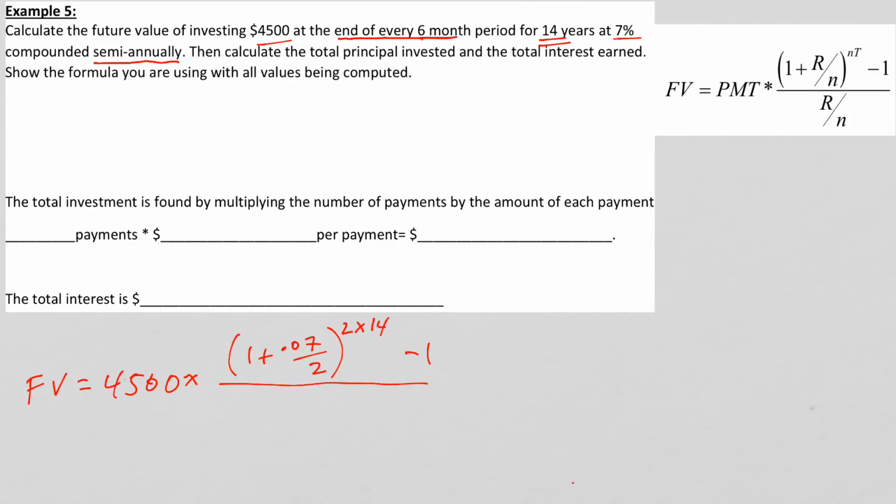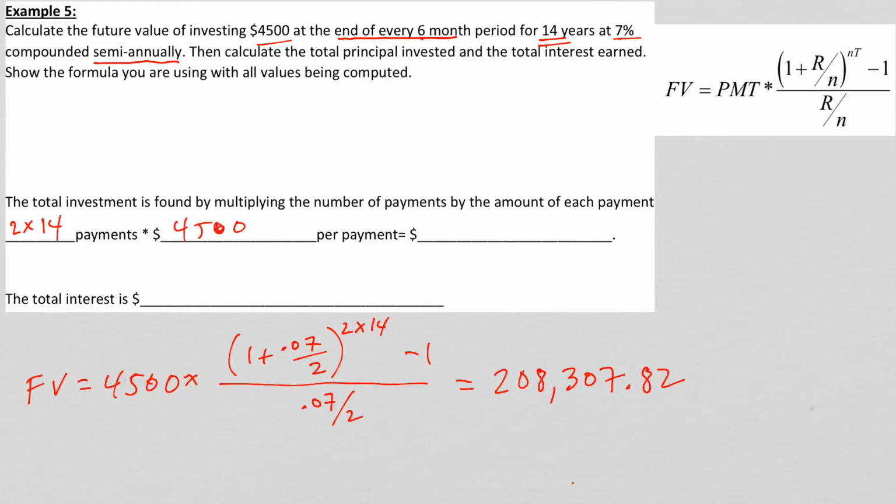Every 6 months is just another way of also saying semi-annually. Okay, and this is over 0.07 divided by 2, and this is going to come out to $208,307.82.